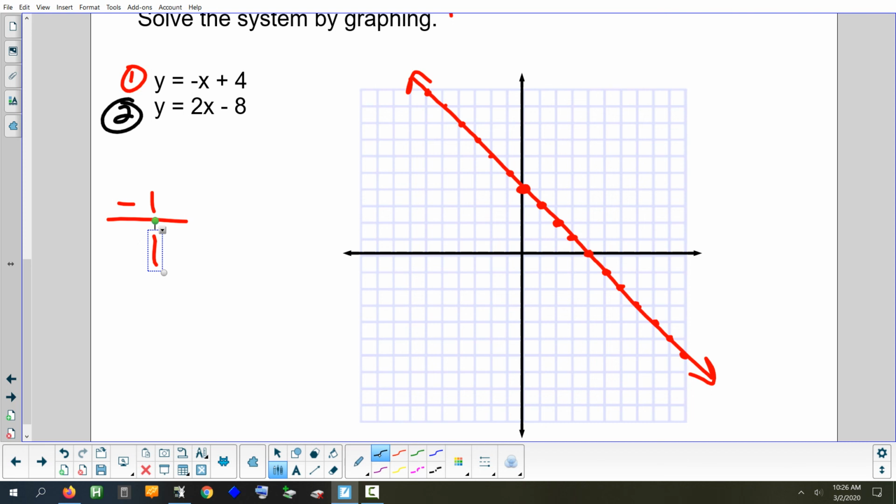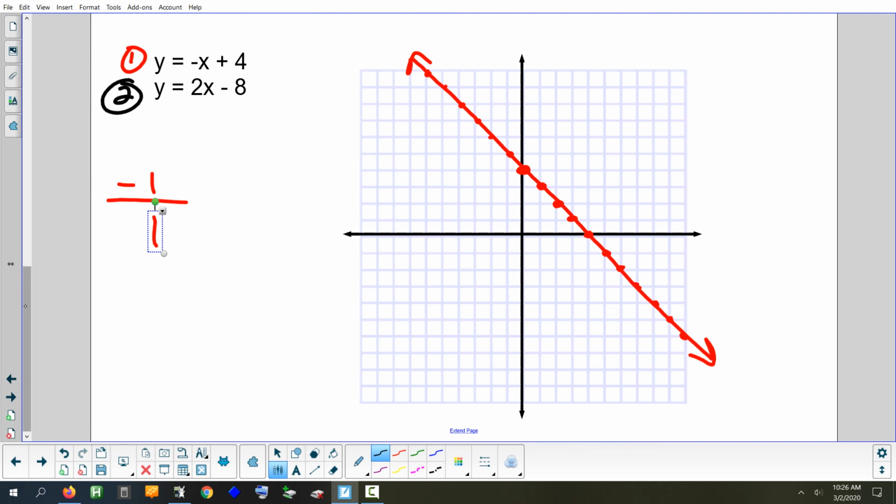Okay, now the second one. What's the first thing I have to do to graph the second one? Graph the y-intercept, which is where this time? Negative how much? Yep. So there's your y-intercept at -8. And who can tell me what my slope is in the second one as a fraction?